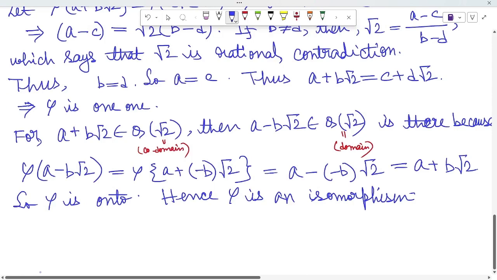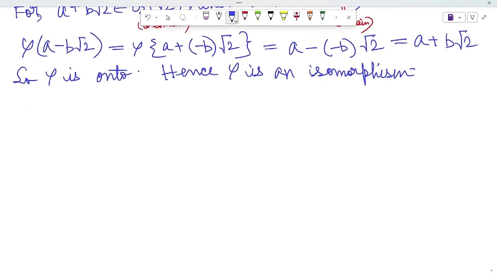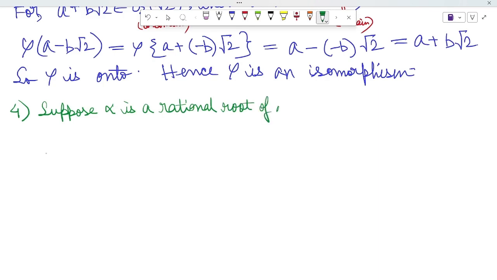Next problem, we need to show that suppose alpha is a rational root of a monic polynomial in Z[x].